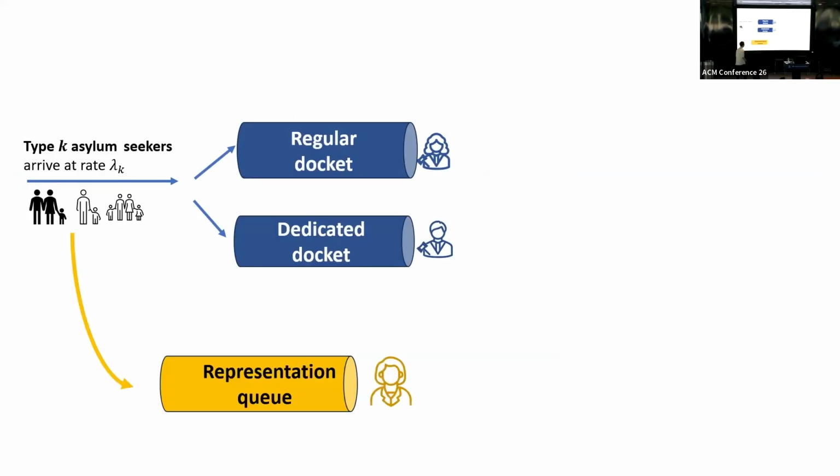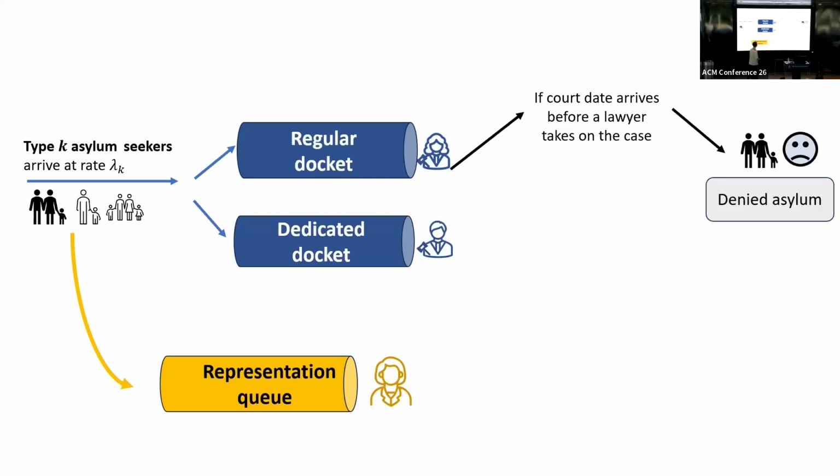Meanwhile, they will try to find legal representation. But since there is a very limited number of lawyers in this country, many of the asylum seekers need to wait for legal representation. If the court date arrives before a lawyer takes on an asylum seeker's case, we assume that the case will be denied asylum automatically.